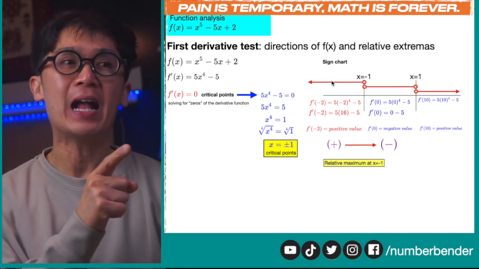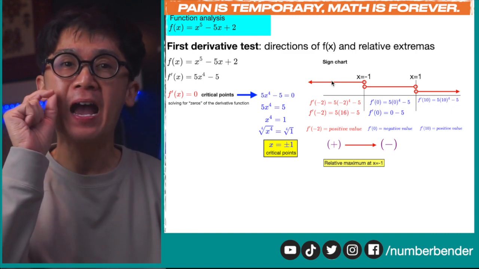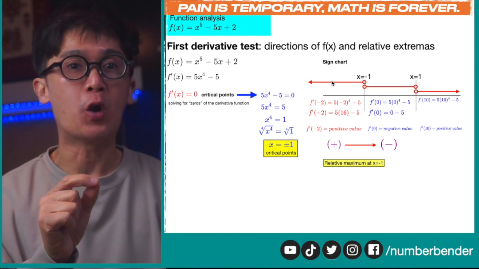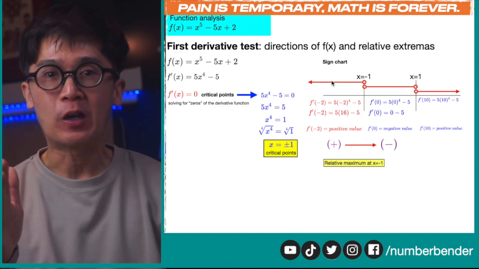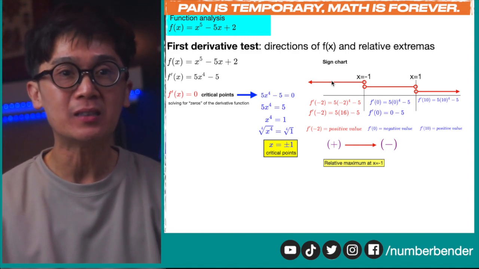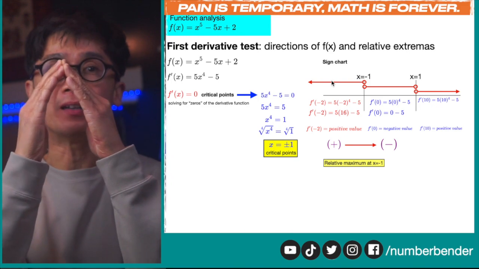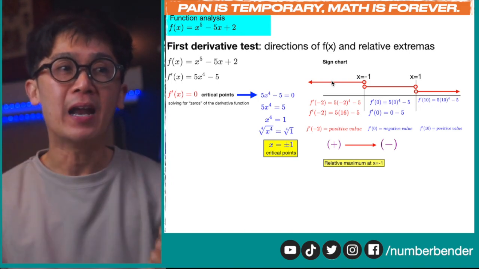By just looking at the values of our derivative function, pagka yung direction is going from positive value ng ating mga slopes and then going to the negative value ng ating derivative function, it means na nangyayari yung bend doon sa x value na yan, kaya meron tayong relative max.